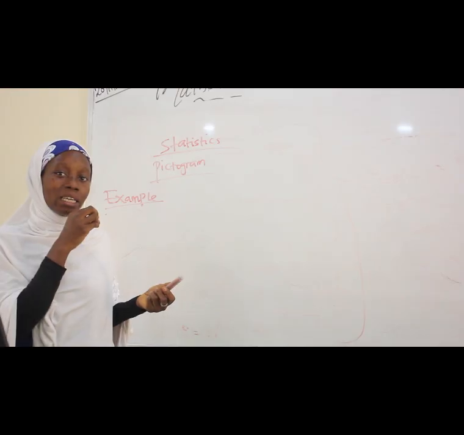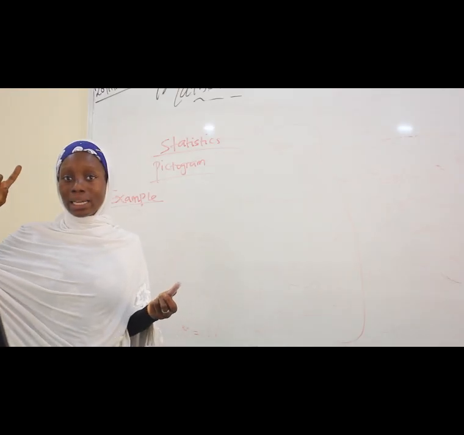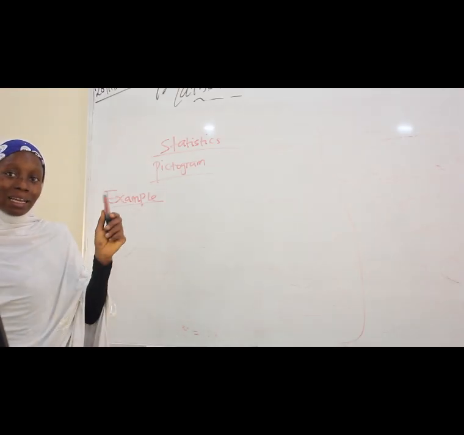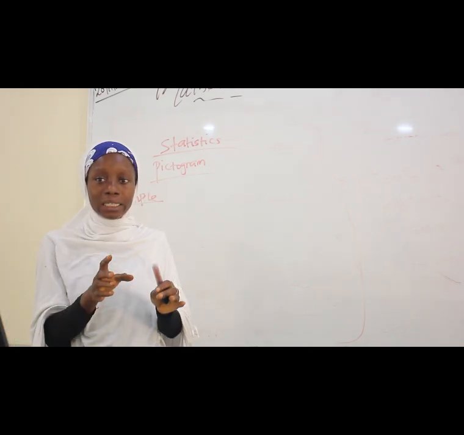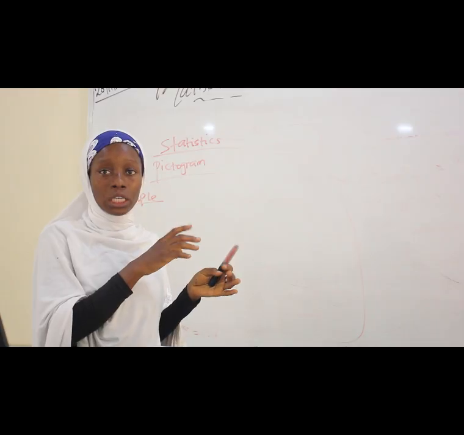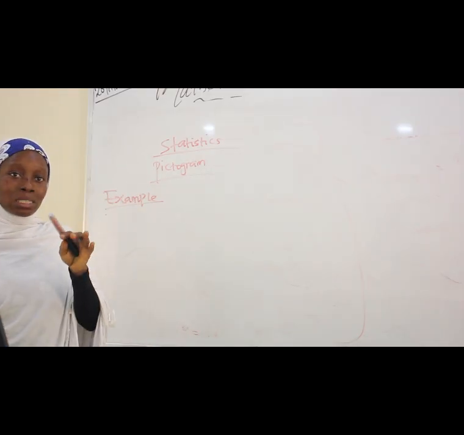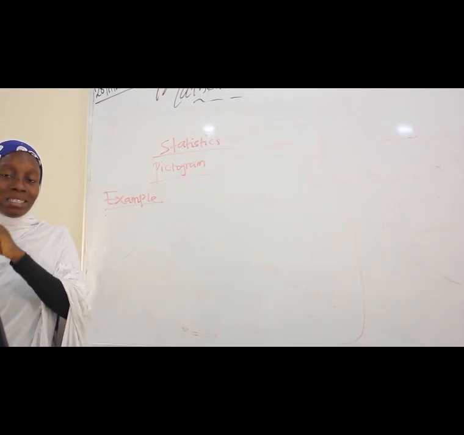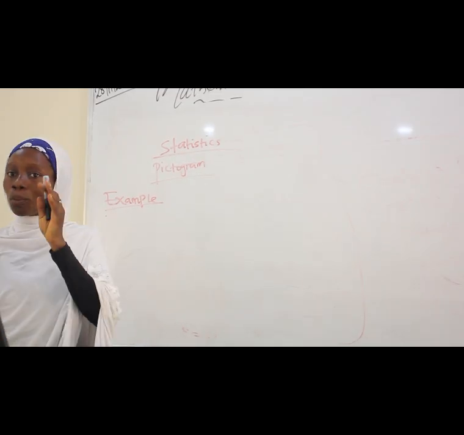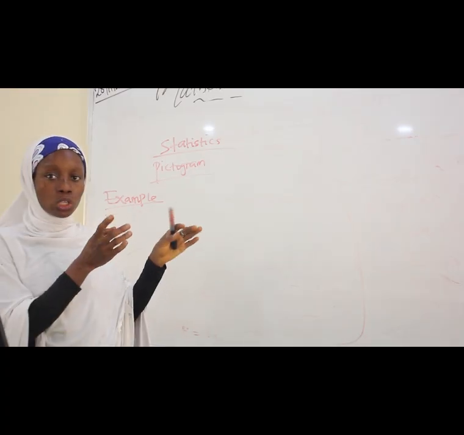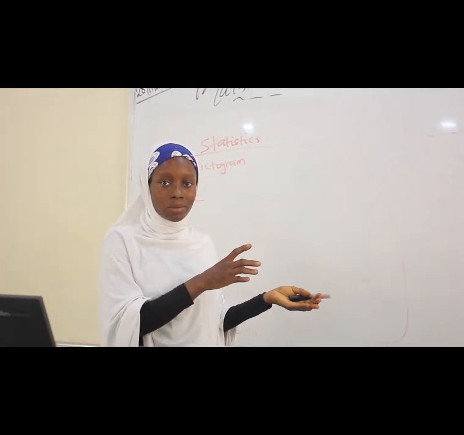And the key is that each one apple represents 3 apples. So when I said earlier that we multiply the key by the total number of pictures, it means we multiply the key, which is 3, since 1 apple represents 3 apples, by the total number of apples inside the basket.